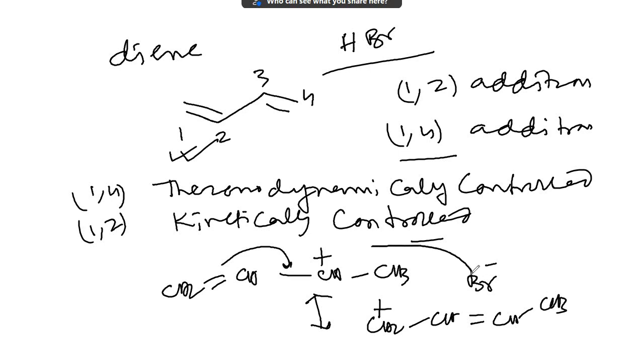If Br minus attacks over here, it will be the case of 2-bromo. If Br minus comes over here, 1, 2, 3, 4, 3-bromobutene, or if Br minus comes over here, what will it be?